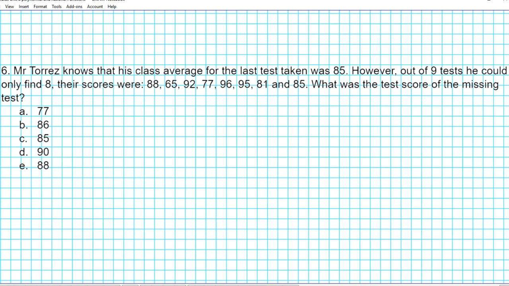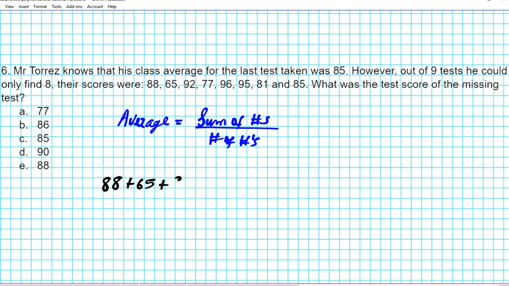So we know the formula for average. Average is the sum of numbers divided by the number of numbers. Alright, so let's go ahead and do it. So the sum of numbers is 88 plus 65 plus 92 plus 77 plus 96 plus 95 plus 81 plus 85.